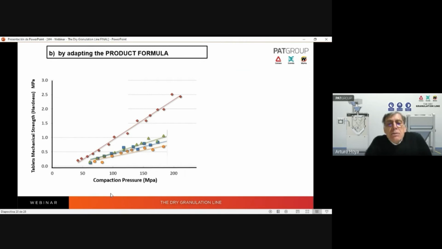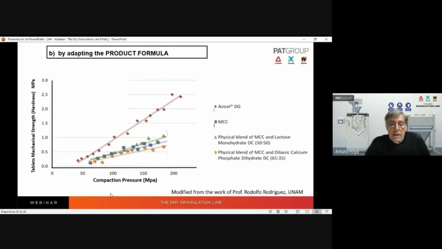Here he demonstrates that when a co-processed microcrystalline cellulose with calcium phosphate is used, the response has a high slope. But if you use the simple one, for example Avicel pH 101 or 102, you have a low slope.